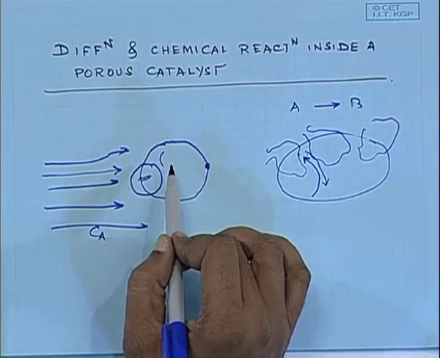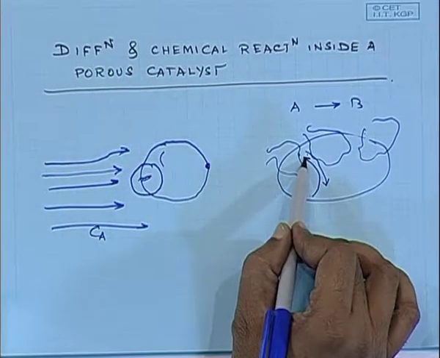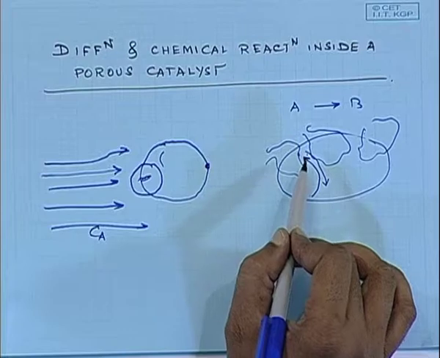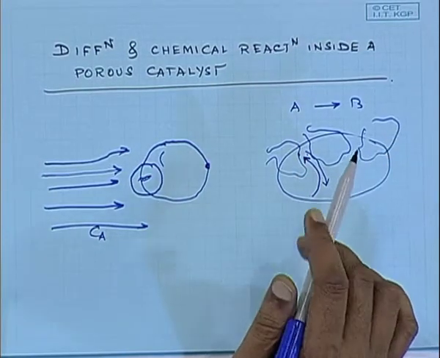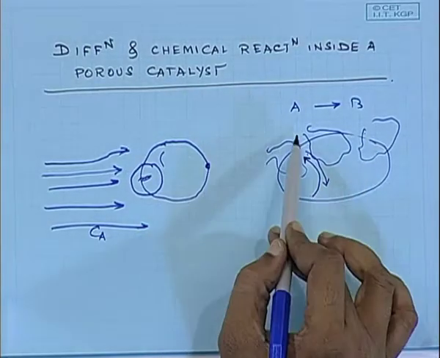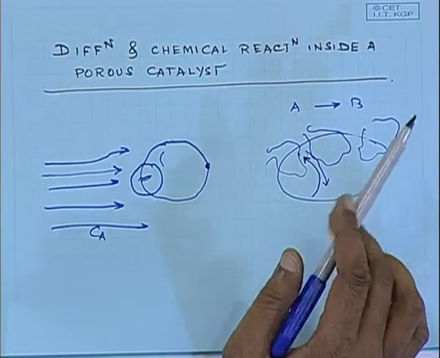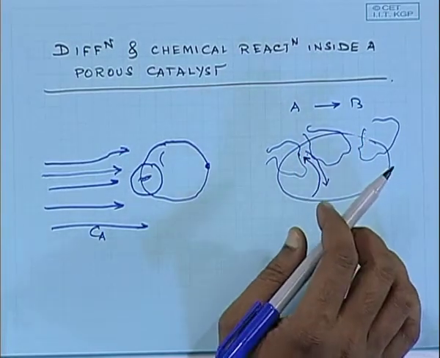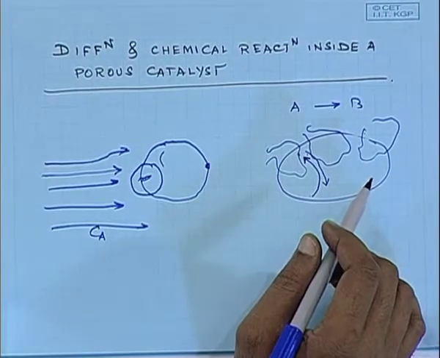The reaction takes place within the pores, within these small pores, and I am saying that it is a diffusion only process. Is it justified? Since the pores are very small, in most of the cases the pores are closed. So, the bulk flow inside the pore is probably non-existent. So, we can safely take it to be a diffusion only process.